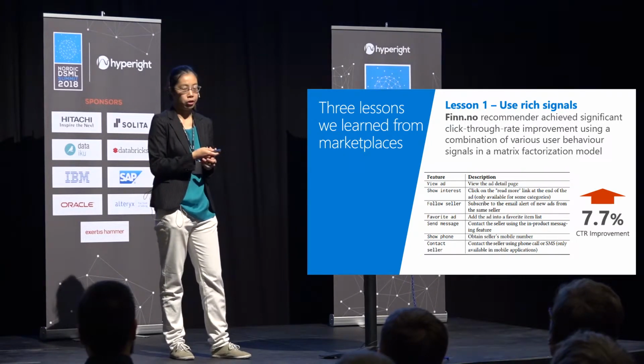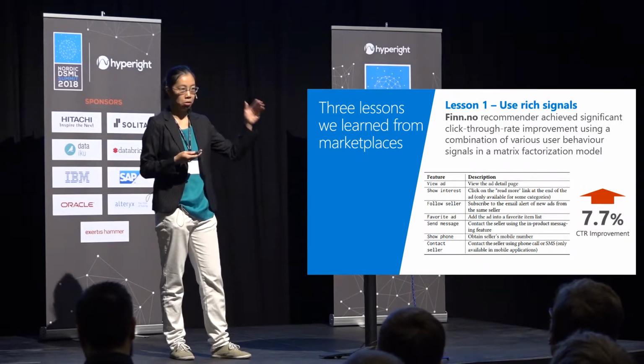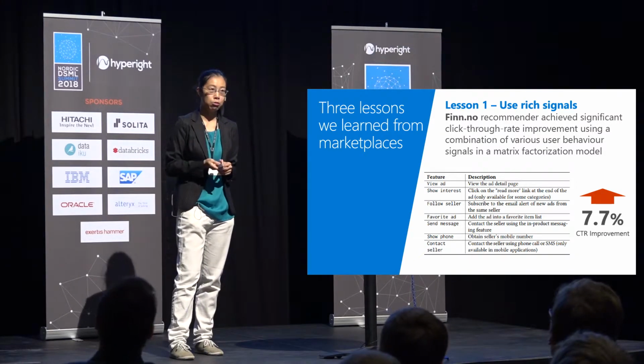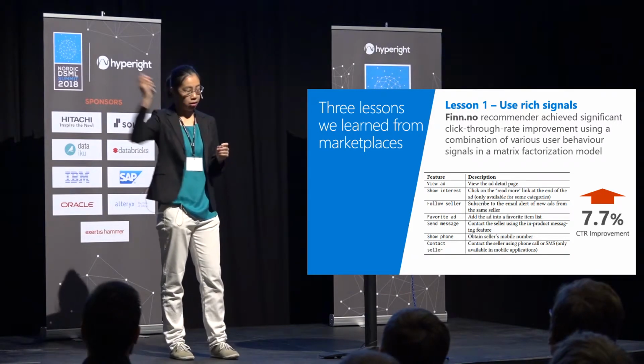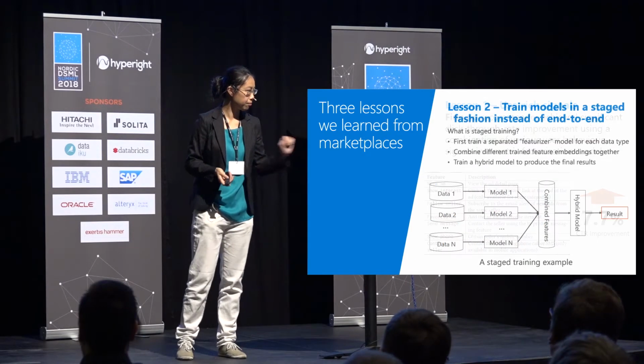All those different signals, we put them into the same matrix factorization model, and the model is actually able to assign different weight according to how telling they are. And we managed to make a significant improvement on the click-through rate for the recommendation on the list I showed just now.